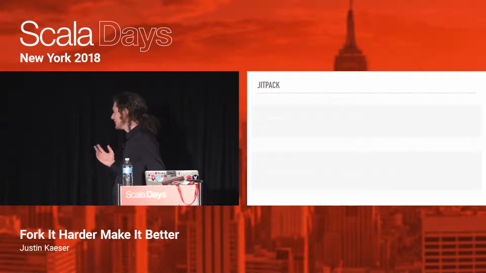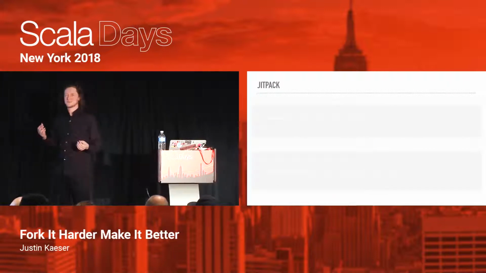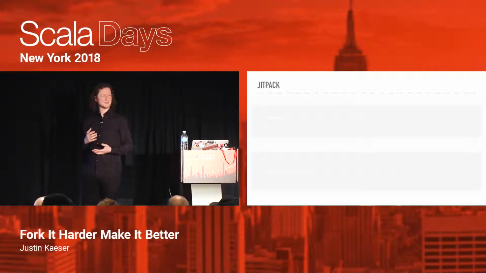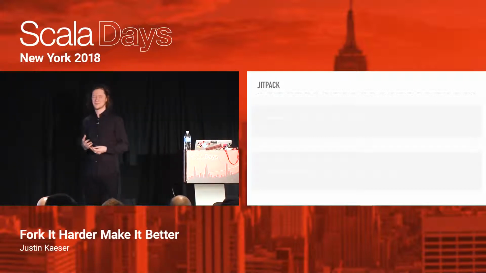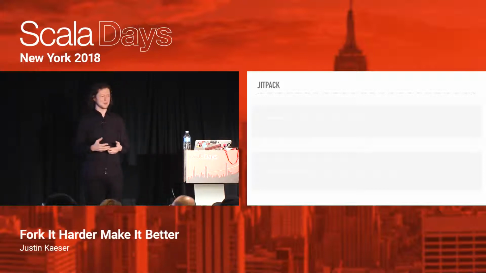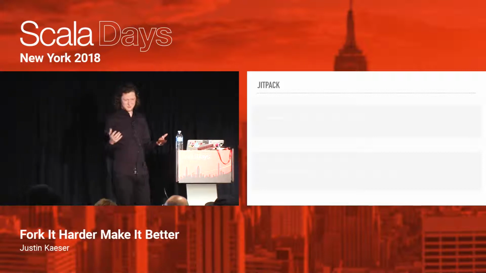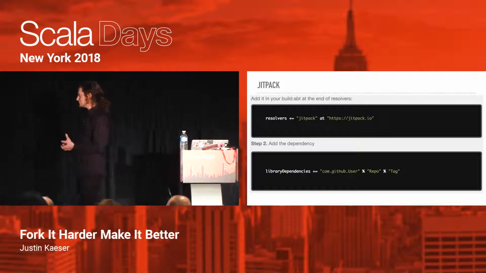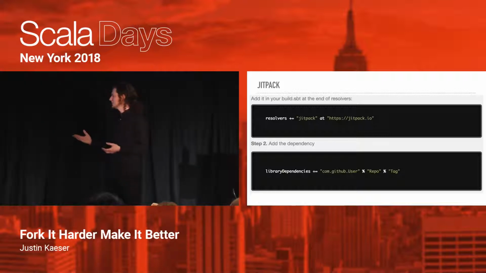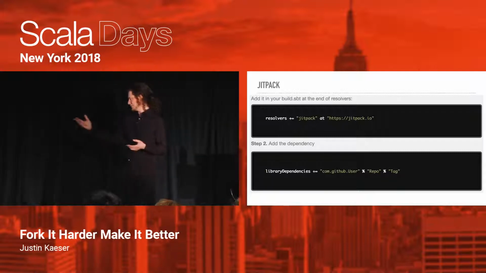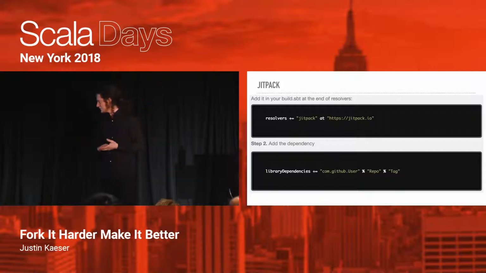So yeah, source dependencies, they may have problems, but they seem to make a lot of things easier in terms of getting software out there for everyone. And so wouldn't it be great if we could just resolve them from GitHub? There is a service that helps you with this, JitPack. You just add a JitPack resolver and depend on a GitHub repo in SBT format, for instance.